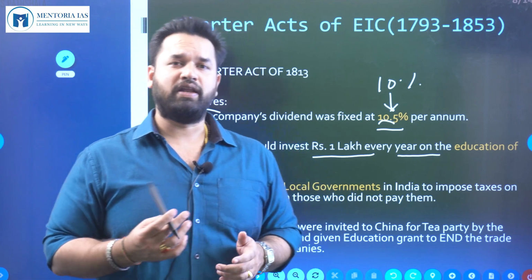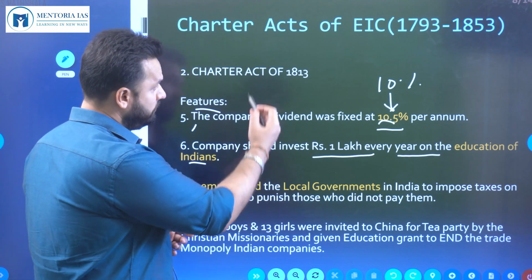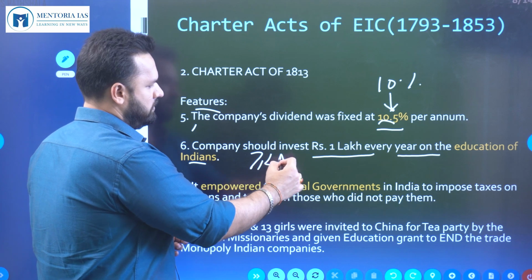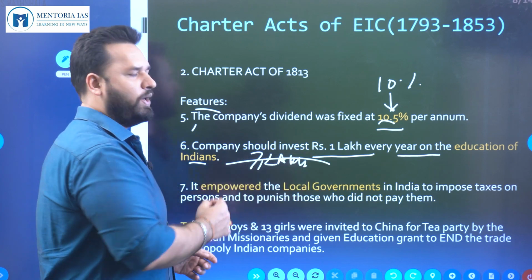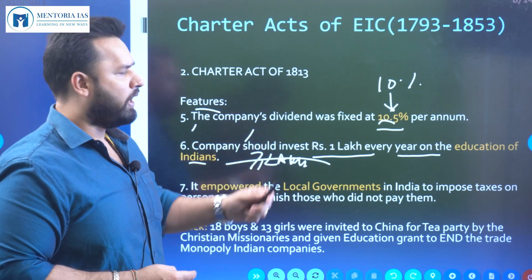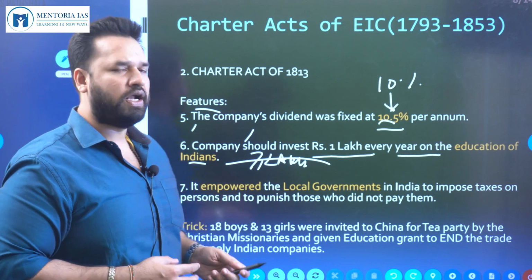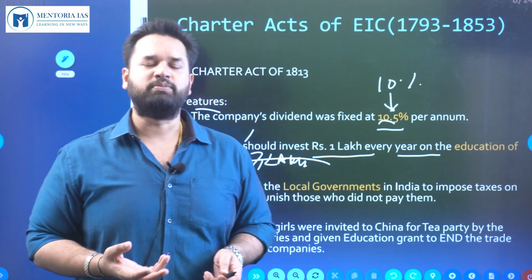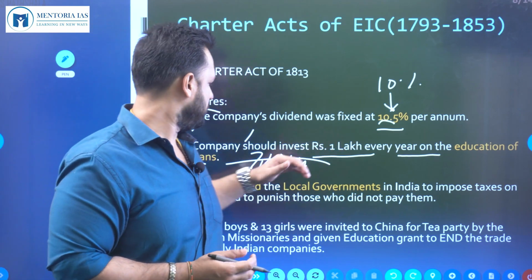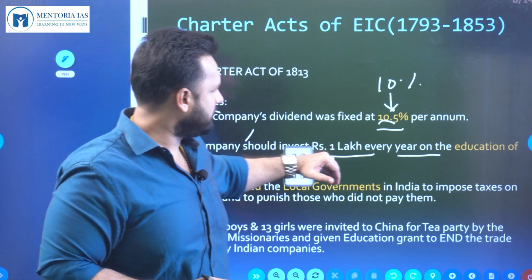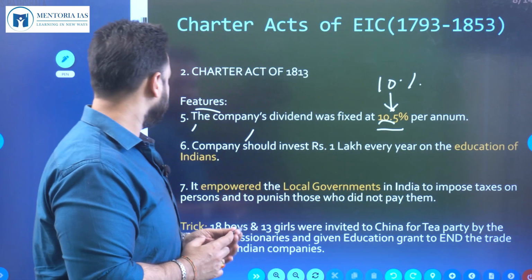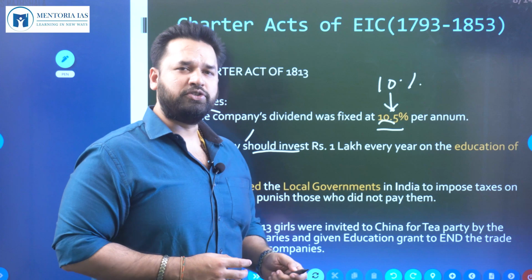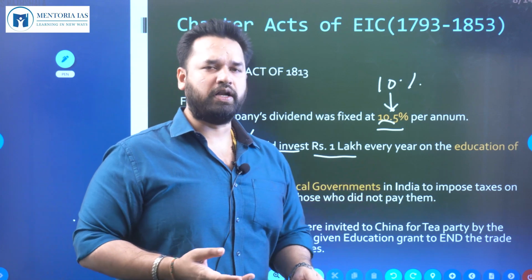We had around 7 lakh Gurukuls during that time. All these were killed by the Britishers, who introduced English education so that we would be born as Indians but think as Britishers and support Britishers. So this act of 1813 said the company should invest 1 lakh every year for education.